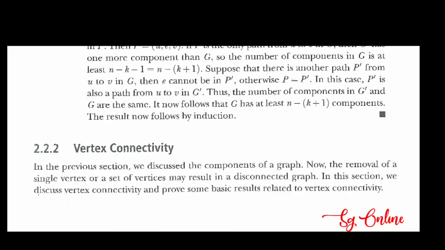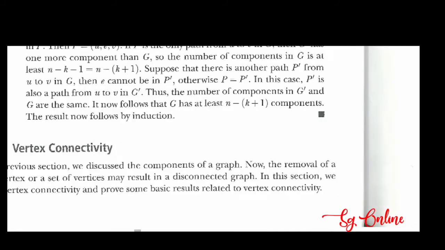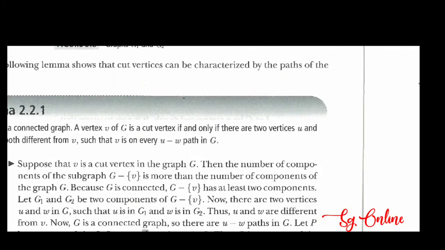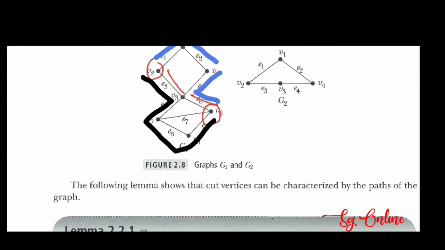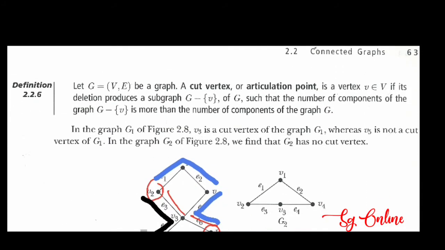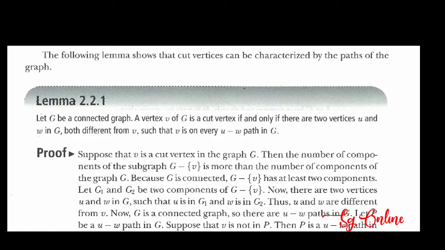Then we developed the concept of connectivity and cut vertices, and we defined a cut vertex as a vertex whose deletion makes the number of components higher, or makes the graph disconnected.